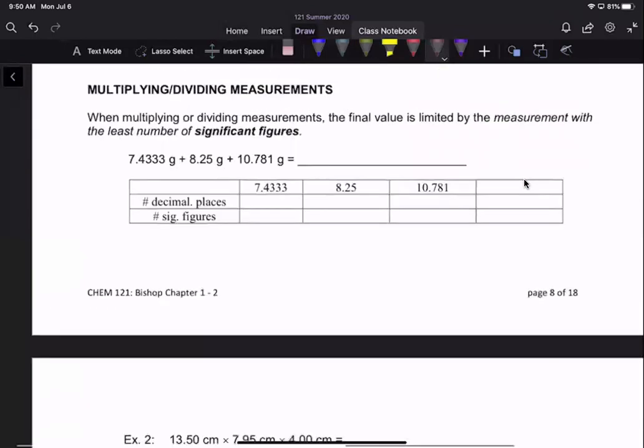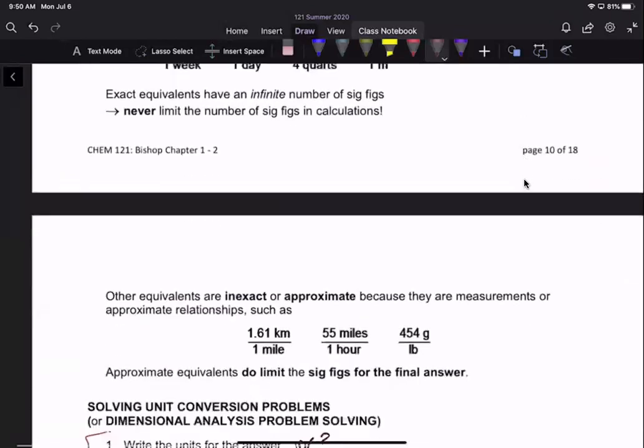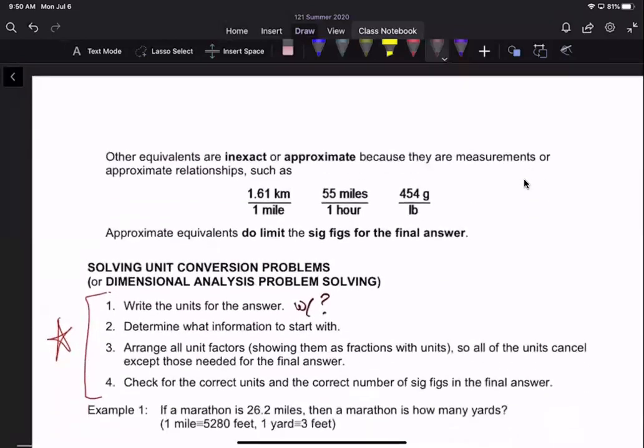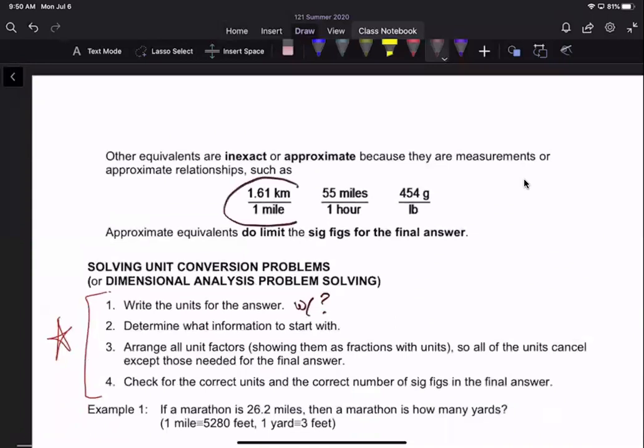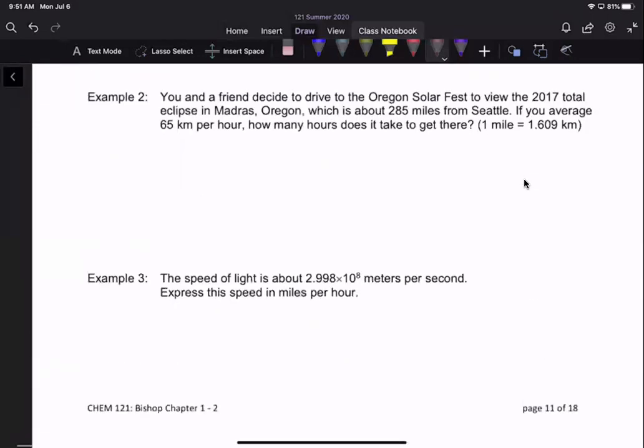But I think we have it in our conversion factors. Where else did we? Oh, yes. Here we go. Look at that one. Kilometers to miles. Ah, and there it is again. I like that one better because it's got 4 sig figs.